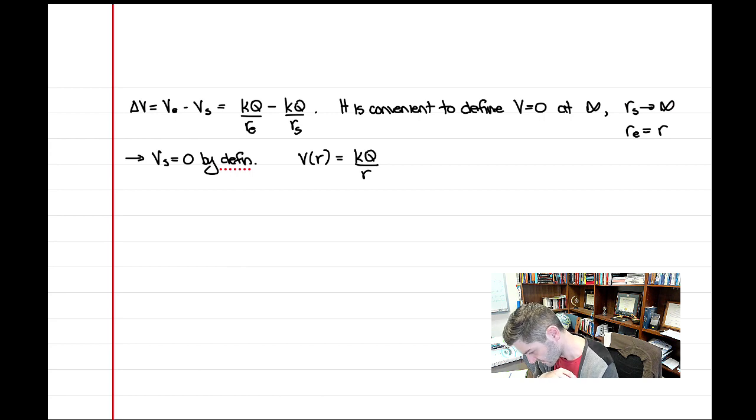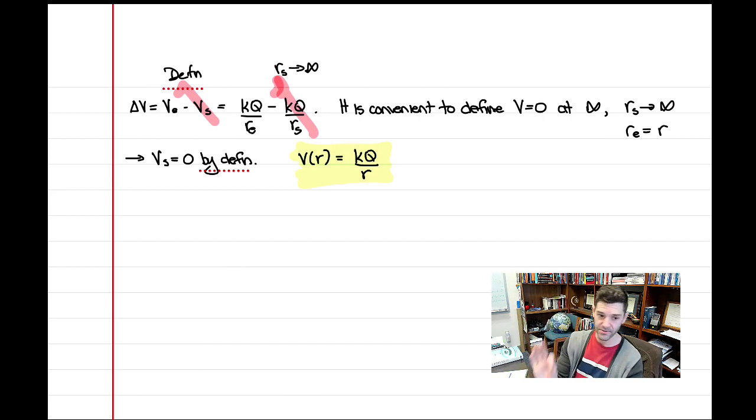Because if I use a highlighter to show what's going on, this is 0 by definition, and then this is 0 as r start goes to infinity. Well, that was terrible, don't write with a highlighter. And then I'm left with the scalar function typically used for the potential of a point particle.